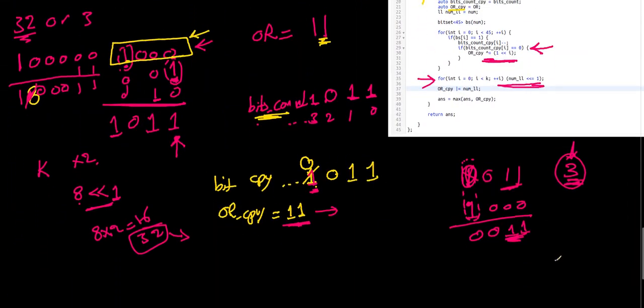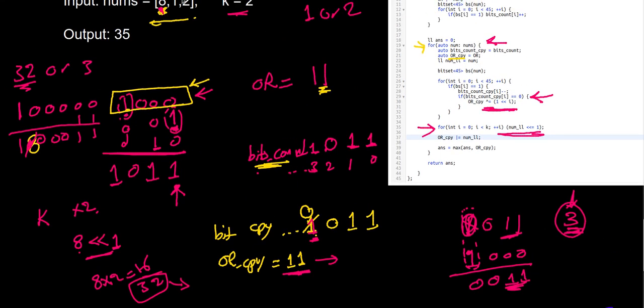Now we assign this to our answer. Let's say the answer is equal to 35. Then we move to the next element and do the same.